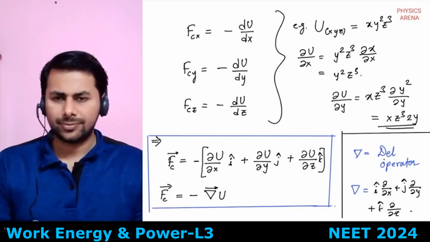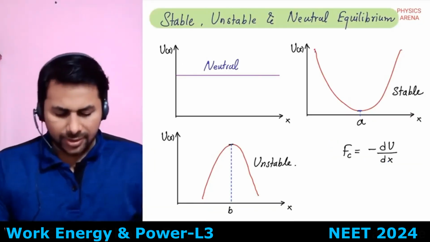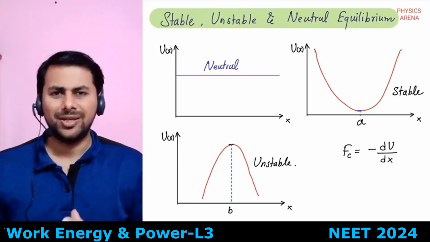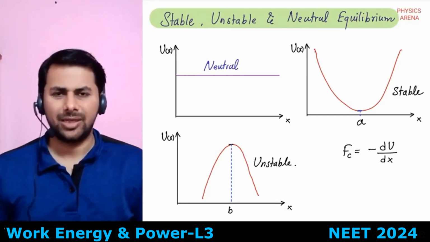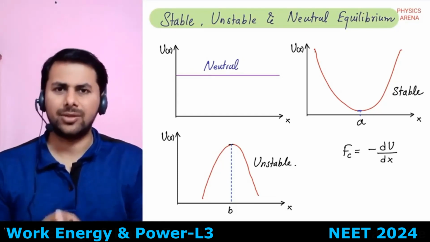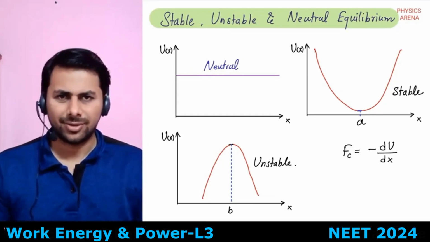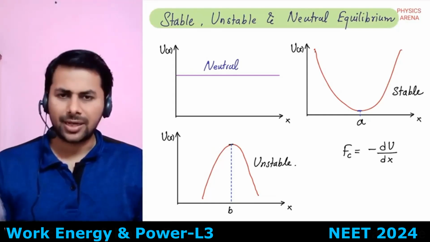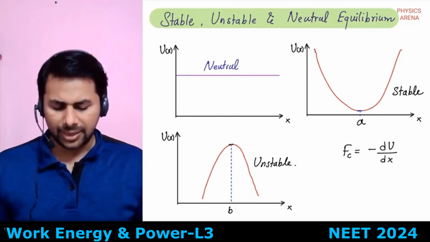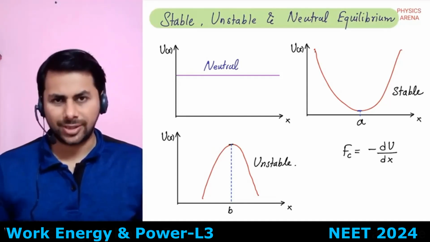Okay, all right. So next, let's discuss equilibrium. What does equilibrium mean? Equilibrium means that the sum of all forces acting on a system is equal to 0. So now how can we relate equilibrium with potential energy?